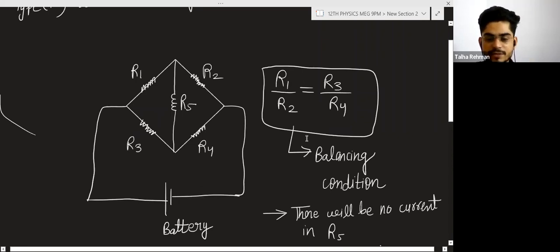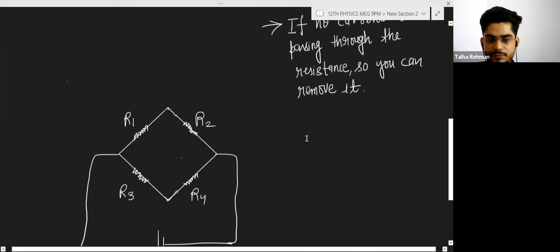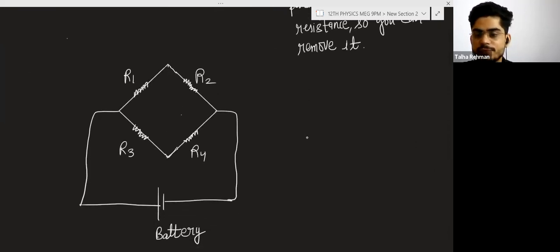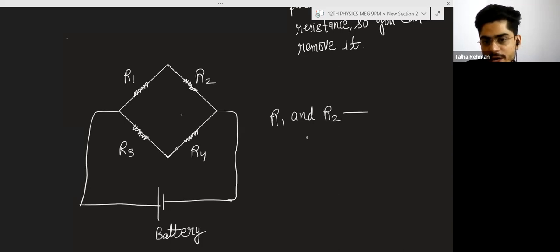So Hamza, let's see. Now you have to identify one more thing. This R1 and R2 are in series because there is no branching here. R1 and R2 are in series, and this R3 and R4 are also in series.